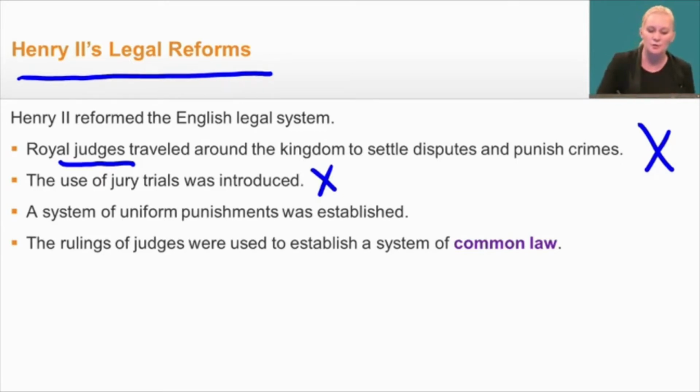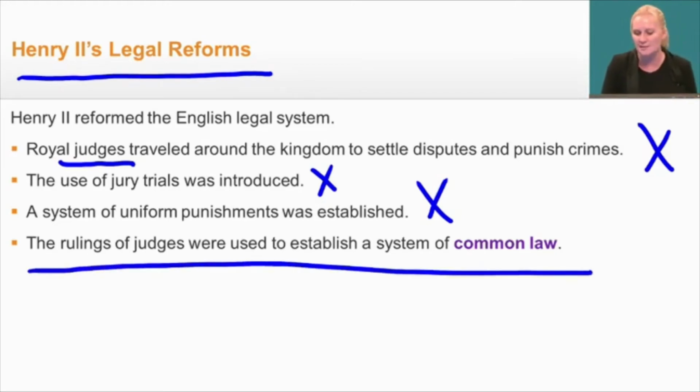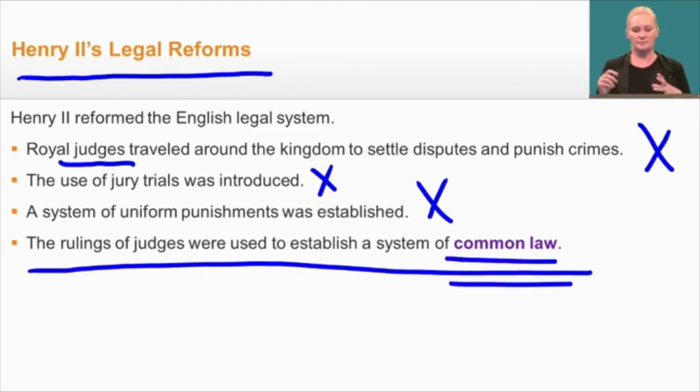A system of uniform punishments was established, where if you committed an equal crime, you got the same punishment for that crime. And also the rulings of judges were used to establish a system of common law. Now these common laws were established on precedent. And what that means is the rulings of judges.